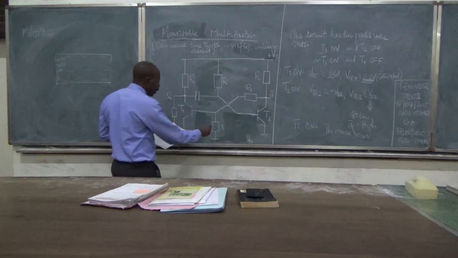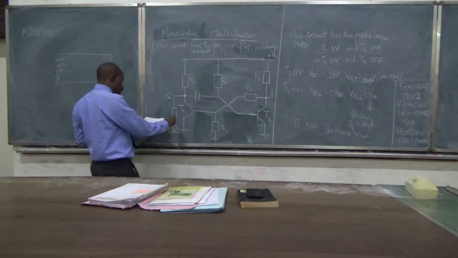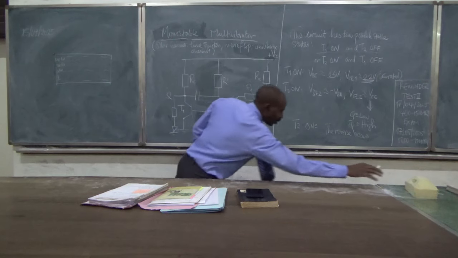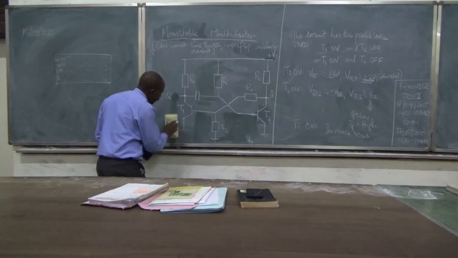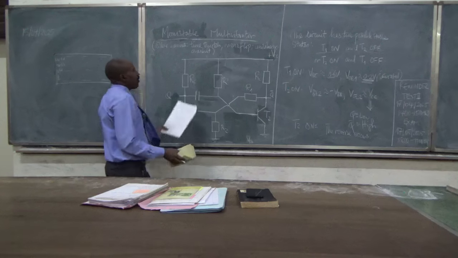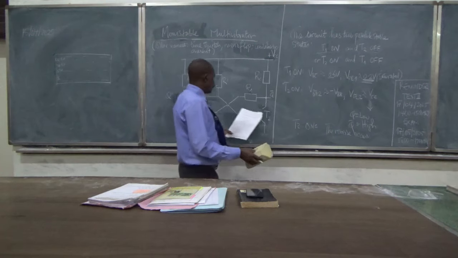We call this one R2. We call this one R1. T1. This diode is not there. What else do I remove? RC, VCC. Then now I have V out here.